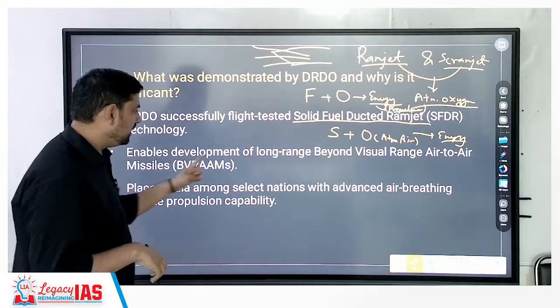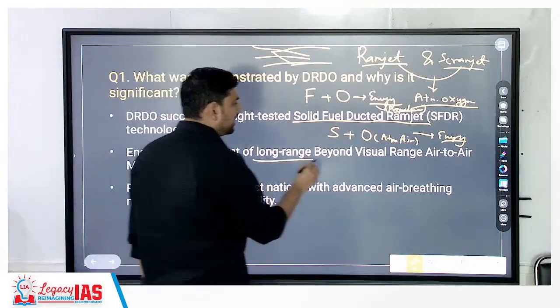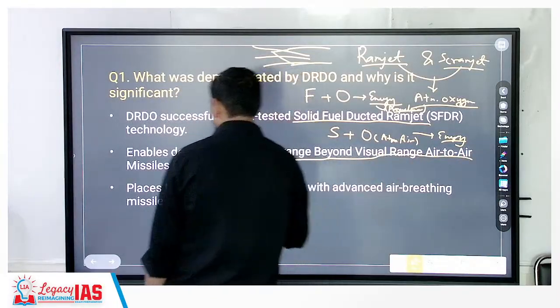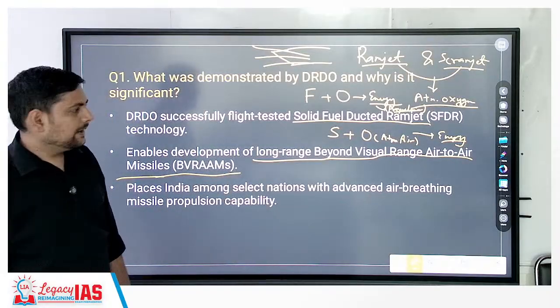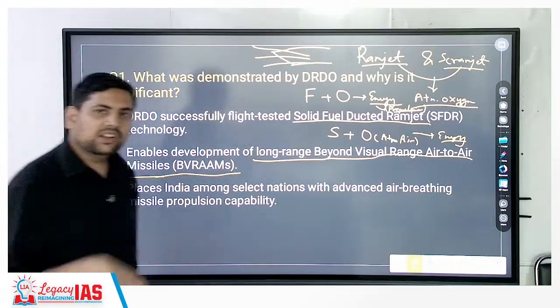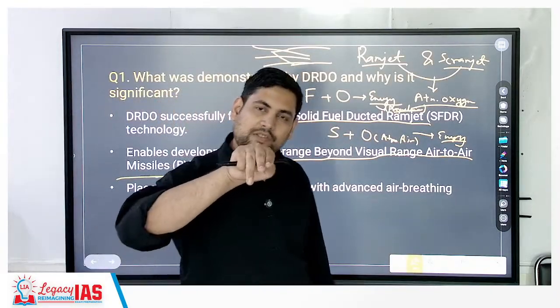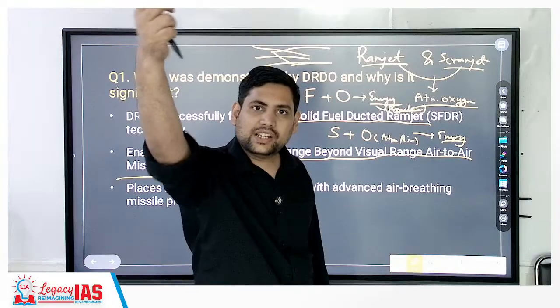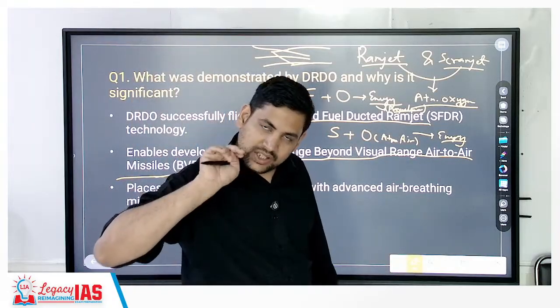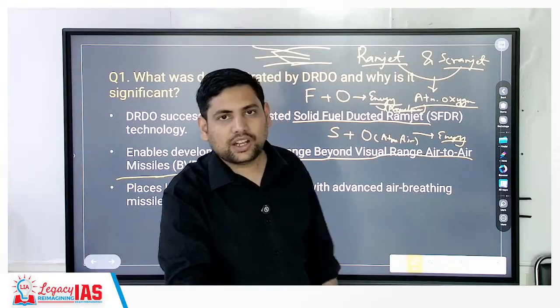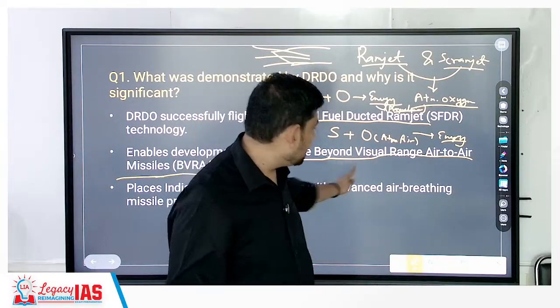So basically this enables long range, beyond visual range, air to air missiles. This is BVRAAMs. Beyond visual range means, let's say, you are flying a fighter jet and you cannot see your target. So this is called beyond visual range, air to air. So from air you are sending missiles to another target in air. Very difficult, correct? And that also long range.